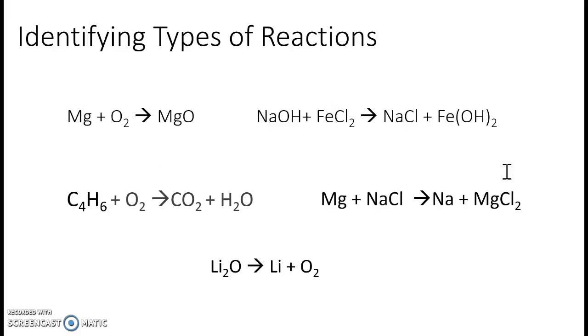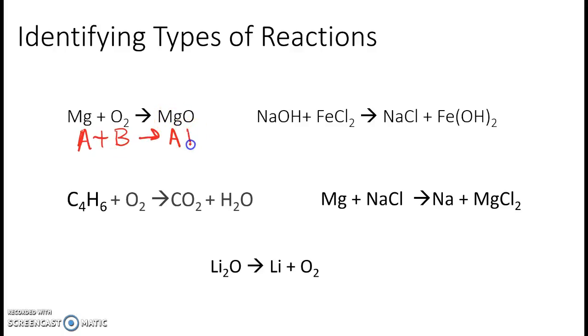So let's look at 5 different examples of this. So in this first example, we have Mg plus O2 that makes MgO. I'm going to assign each element to a letter. I guess first step, we identified it wasn't combustion. It does not contain only the elements C, H, and O. So element A plus element B, and this makes a new compound.